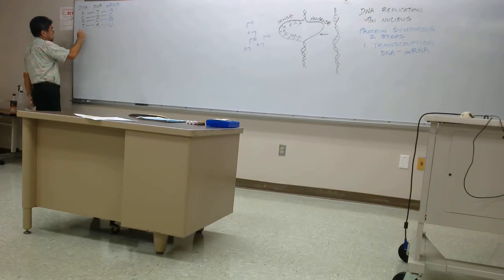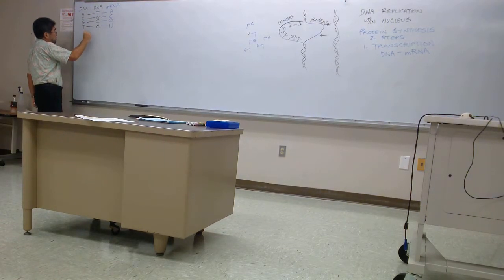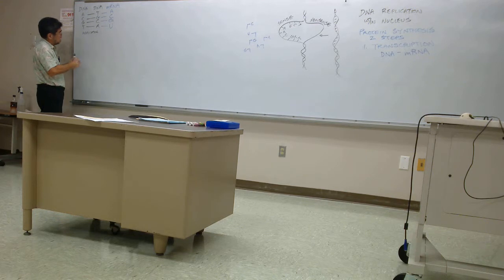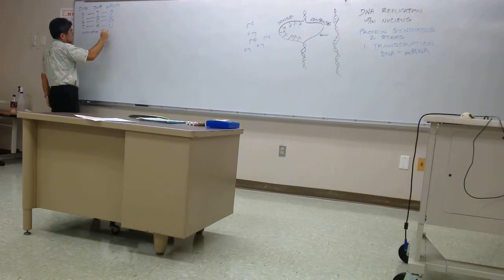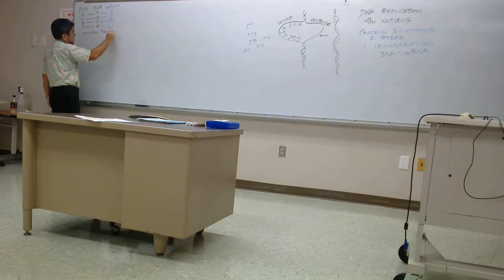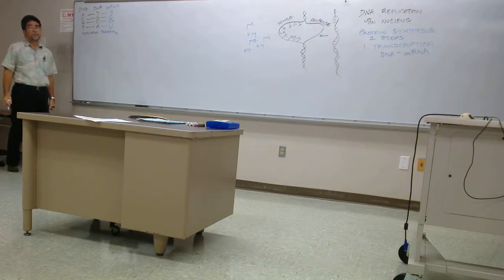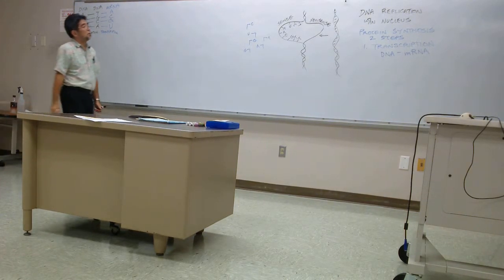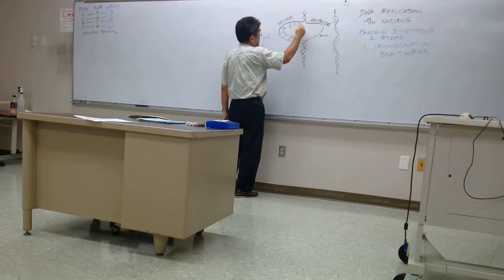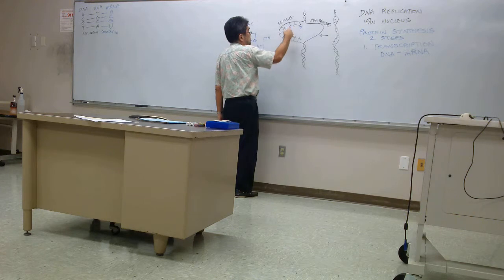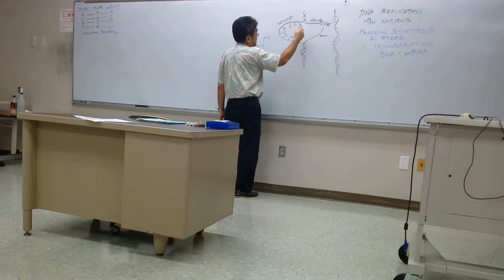So this is replication. That's the pairings. And this is transcription. So, attached to the sense side of the DNA molecule, TCG, there would be messenger RNA AGC.